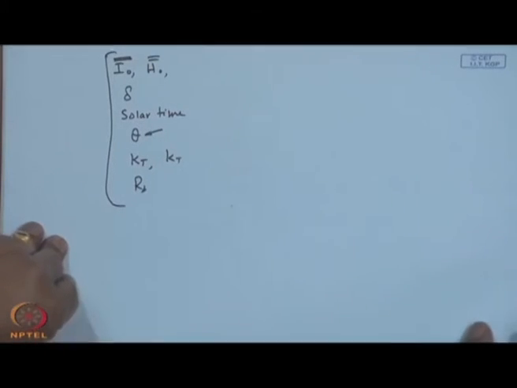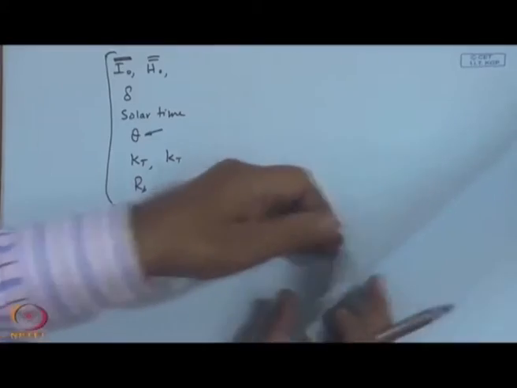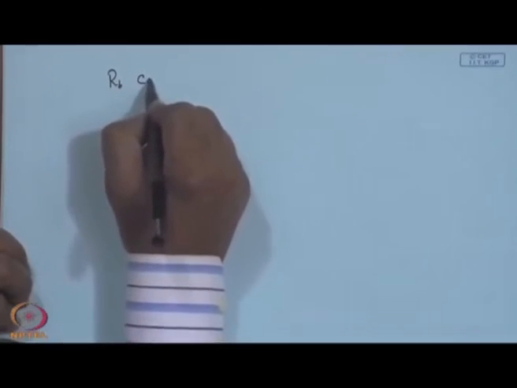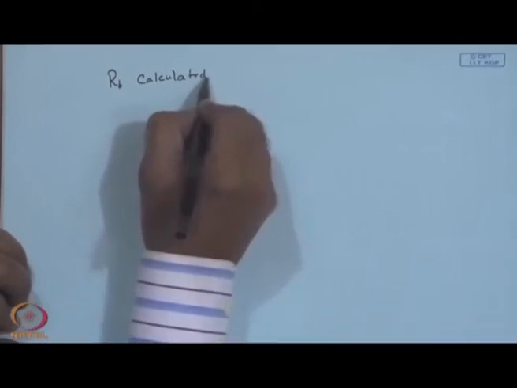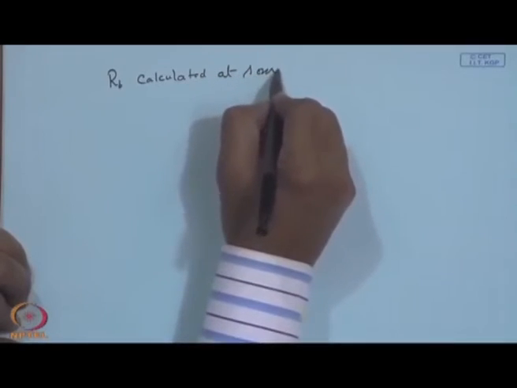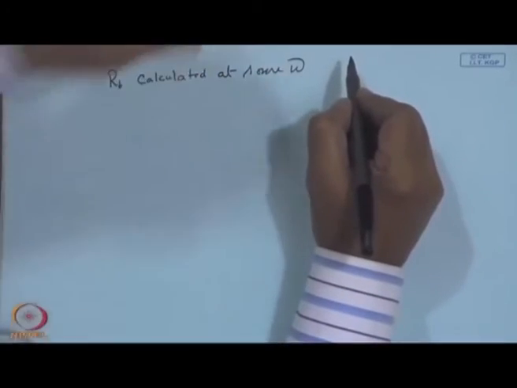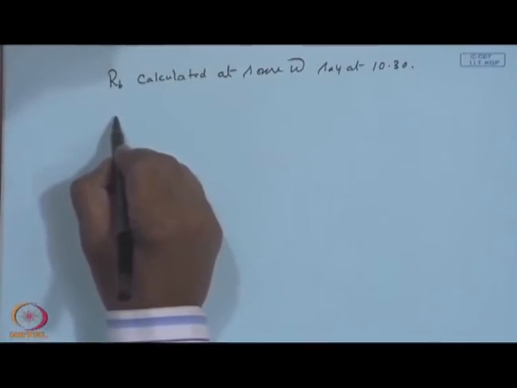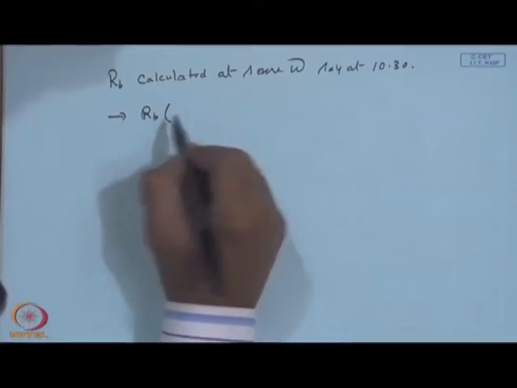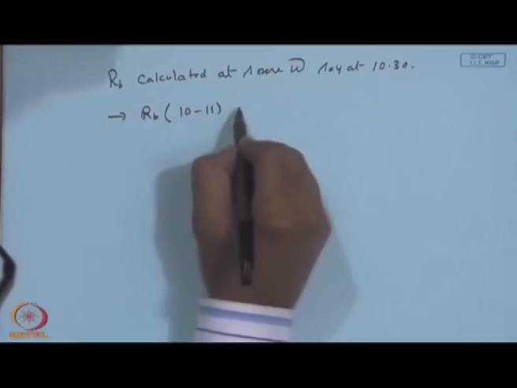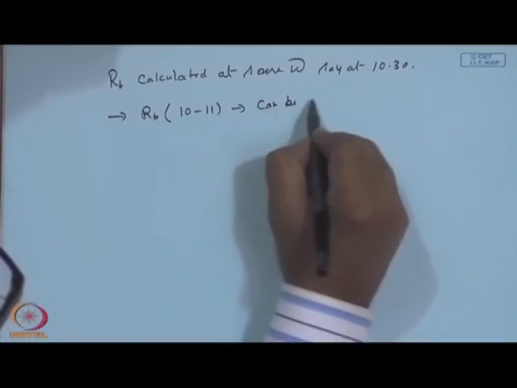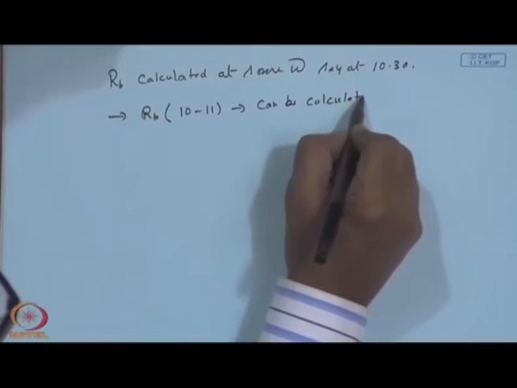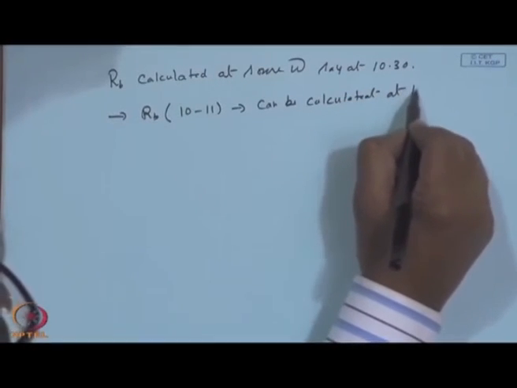Regarding the angles and RB, I was mentioning RB we calculated at some omega, right, 10:30 or whatever it is. So, we have been emphasizing that this RB for the hour 10 to 11 can be calculated at 10:30.